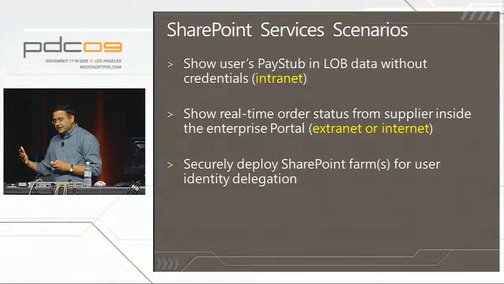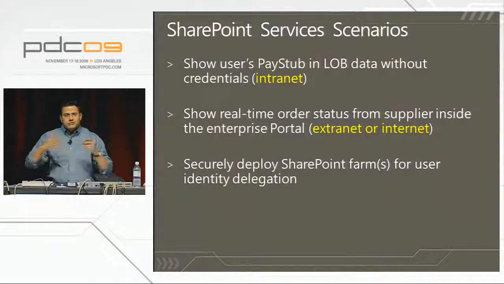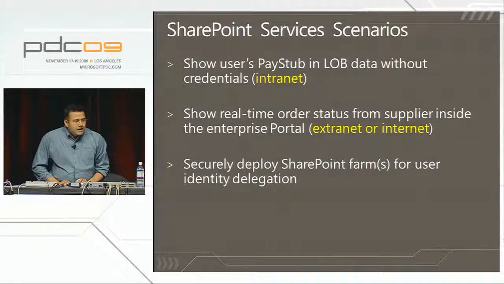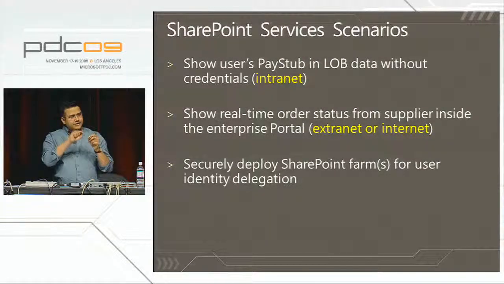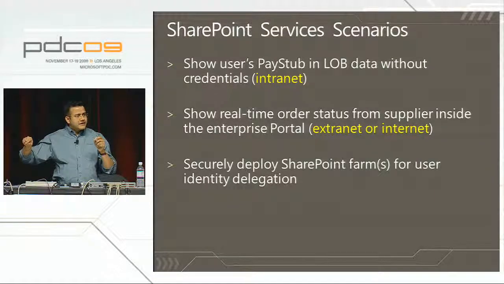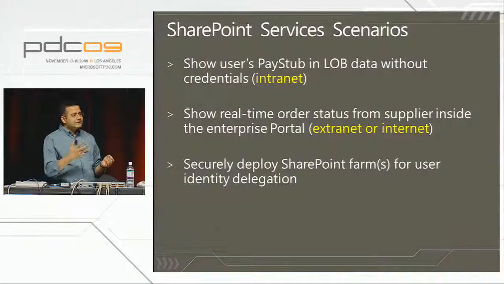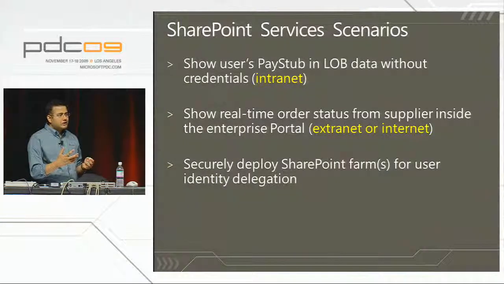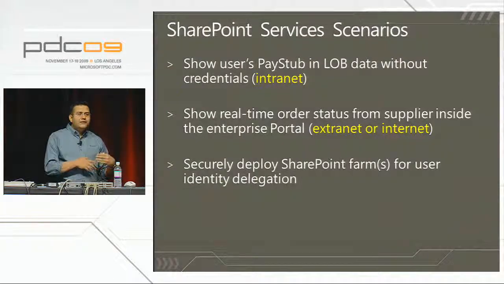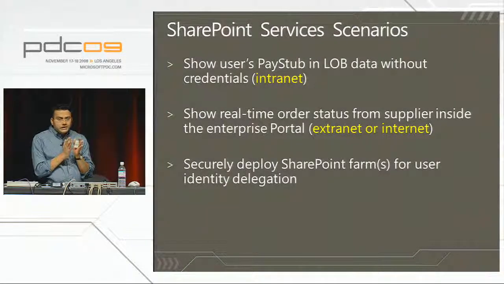Like in SharePoint 2007, imagine you make a search query in your application. What happens behind the scenes is that the query is sent to the search service, and because the search service doesn't know who the user is, it simply returns all the results available for that query. Then the web front end filters the results and figures out that this particular user is allowed to see only these.